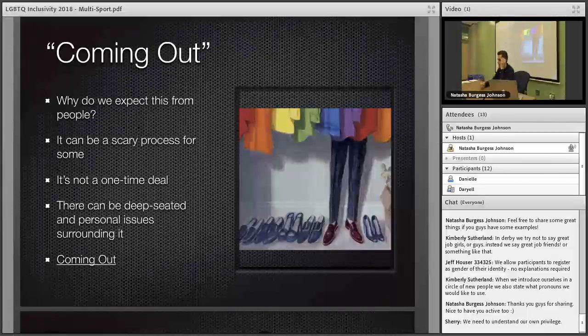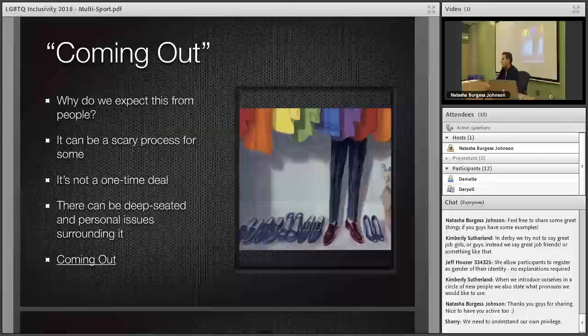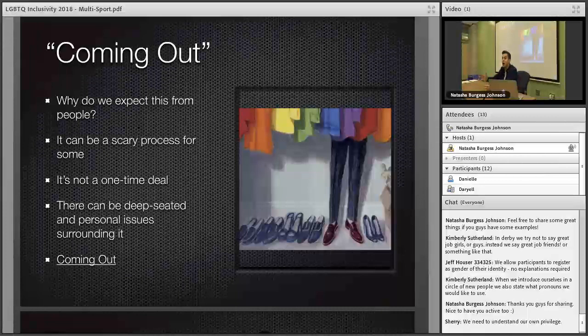So then that's another thought of, okay, if I tell them, what's going to happen? Are they going to be accepting? What do I do? So for that particular person, that's very much an ongoing coming out that can be very stressful every single time they do it. And there can be some really deep-seated and personal issues surrounding it.